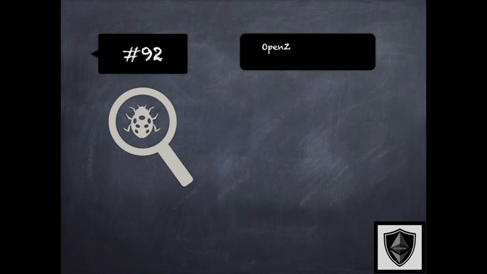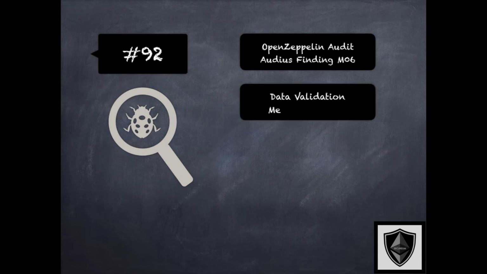92 is another finding from OpenZeppelin's audit of Audius, where it was a medium severity finding related to data validation, in which the voting period and quorum could be set to 0. For context, when the governance contract was initialized, the values of voting period and voting quorum were checked to make sure that they were greater than 0.